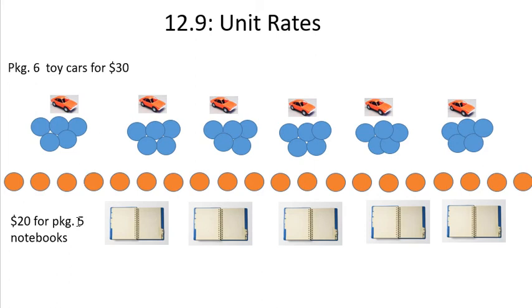So I'm going to buy 5 notebooks. That's one package of 5 notebooks for $20. And these orange circles right here represent my $20. My 5 notebooks down here represent my package of 5 notebooks. So now see if you can make an estimate or see if you can infer what the unit cost will be while I do it one at a time.